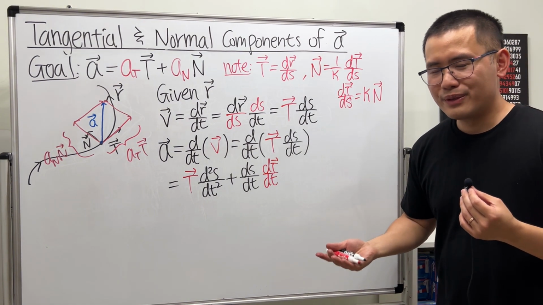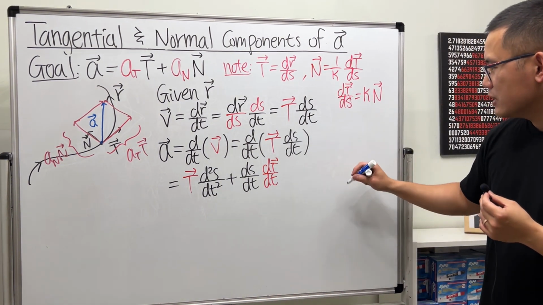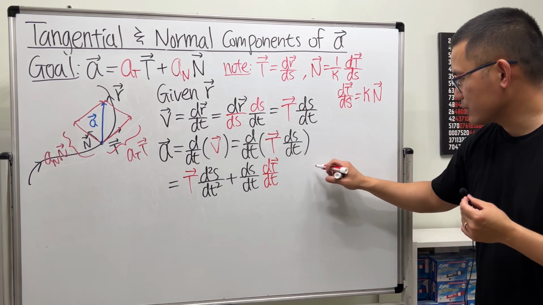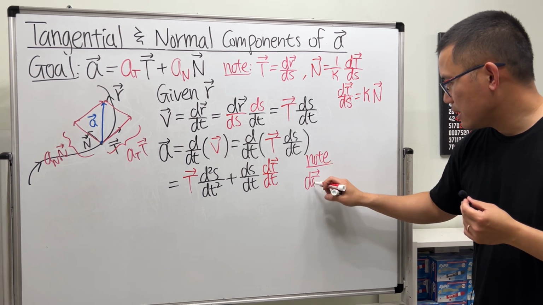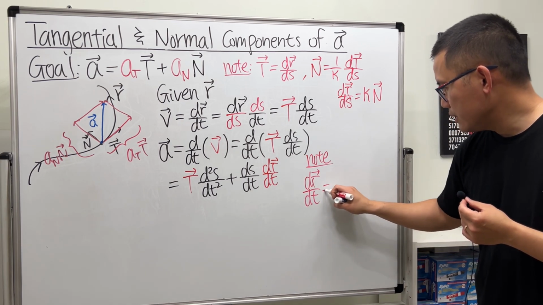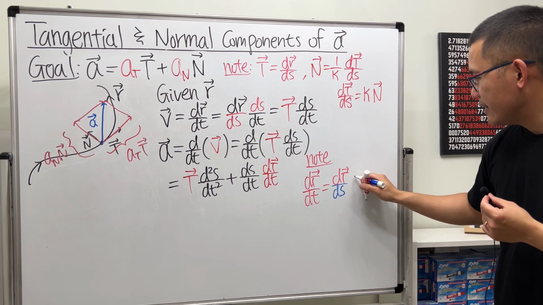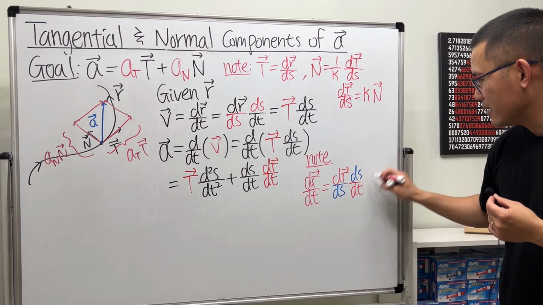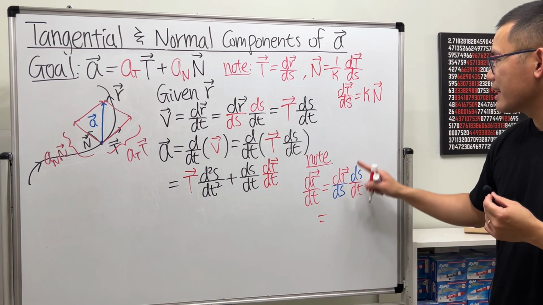So what do we do? Yes, of course, the chain rule one more time. So let me just put a note right here on the side for this part right here. So I'll just say note. dT/dt is equal to dT/ds times ds/dt. Do it with respect to s first, and then look at s, and then differentiate that with respect to t, thanks to the chain rule. And then this part is exactly that.